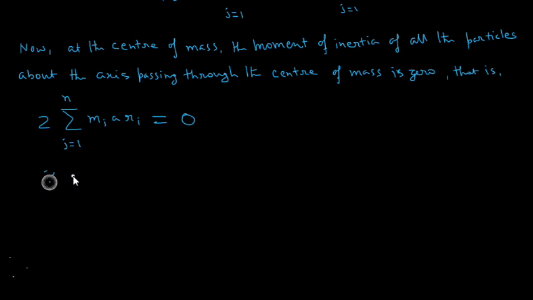Since A is not equal to 0, therefore sigma mi ri is equal to 0.